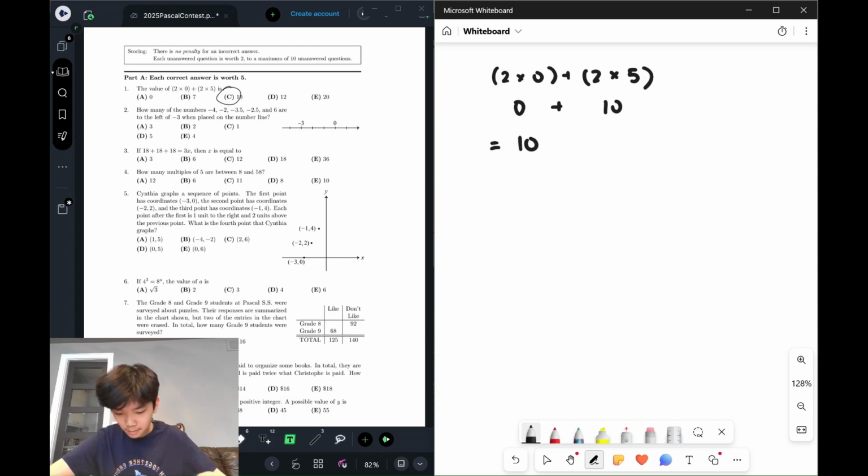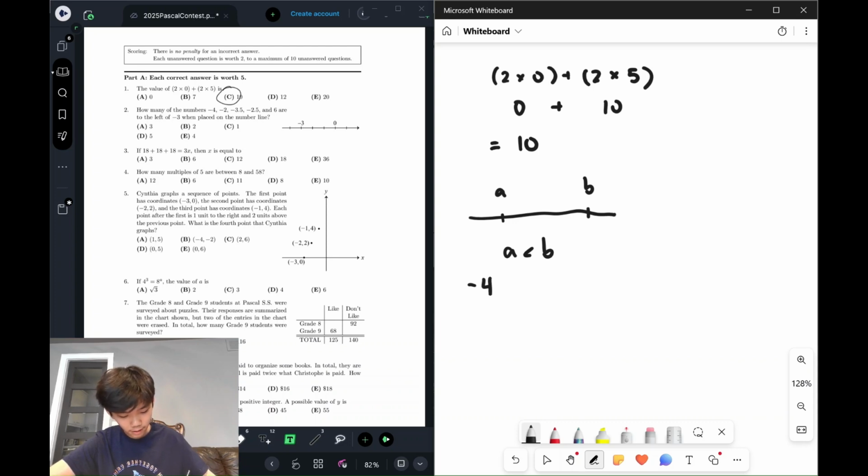We have the numbers -4, -2, -3.5, -2.5, and 6 on the number line. We're asking how many of them are left of -3. One number is less than the other when it is on the left of it. So if you have two numbers, A to the left of B, then A is less than B. So we're looking for the number of numbers that are less than -3.